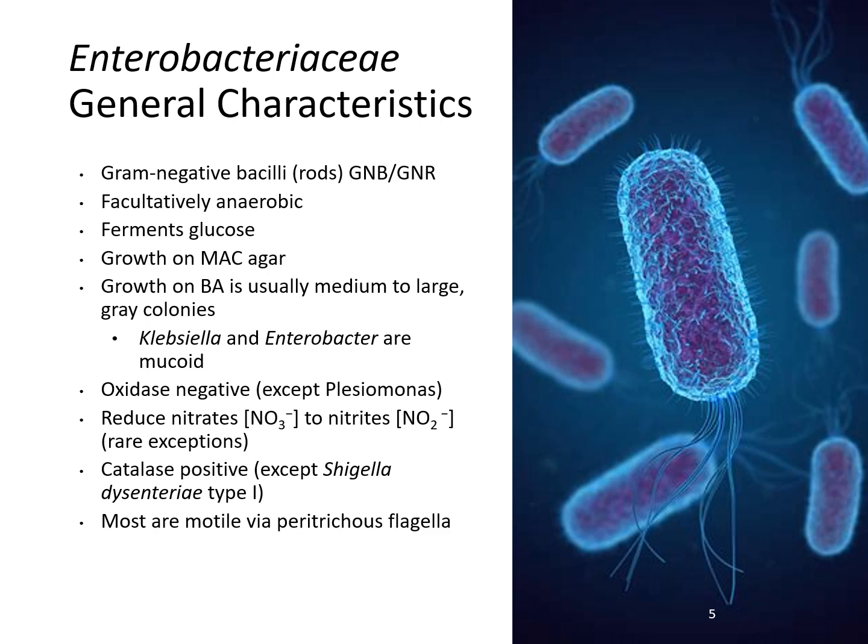There are a few exceptions, but for an overall general view, most of these organisms are able to reduce the nitrates to nitrites, and this is why screening a urine by urinalysis is very important as an early indicator of an infection with an organism of the Enterobacteriaceae, because when you do a urine dip, there is a pad on that dip strip that will demonstrate whether that urine has nitrites in it, which is an indication that there's a bacteria present that is able to reduce those nitrates to nitrites.